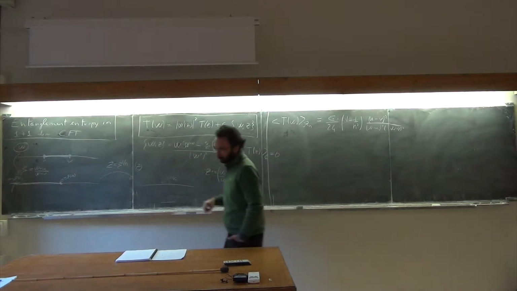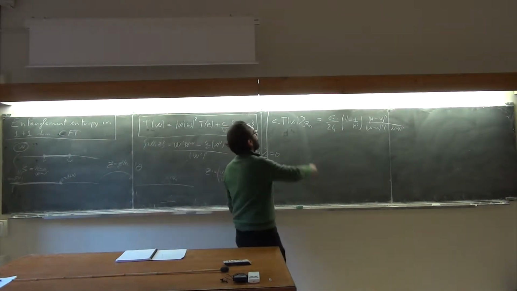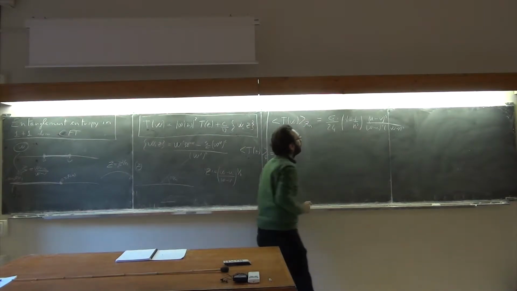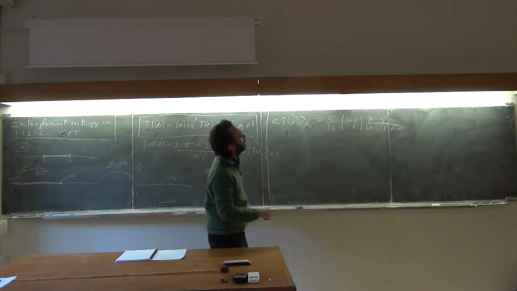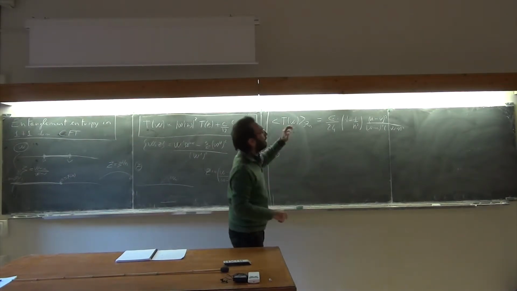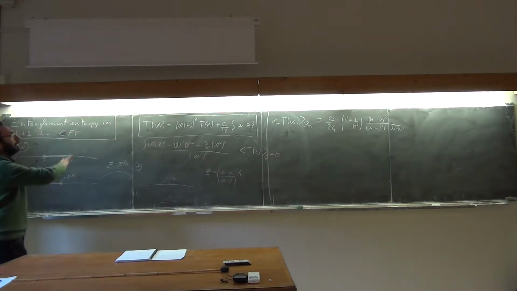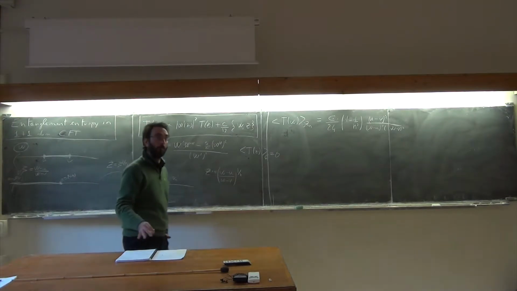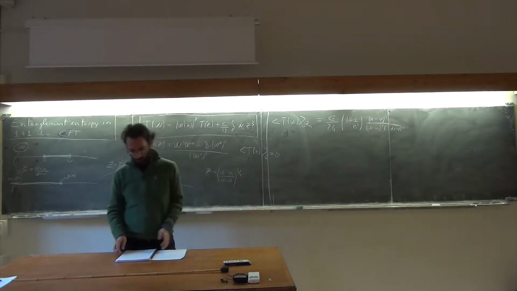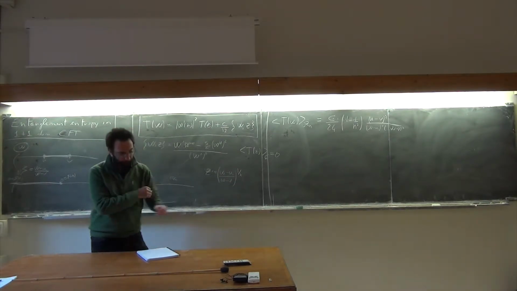I hope I put all the squares in the right place. So the expectation value of the stress energy tensor on this Riemann surface is given by this expression, just by using how it transforms under conformal transformation. And this is something that we can do only for conformal field theory, and this is the reason why in conformal field theory all these calculations are easy.